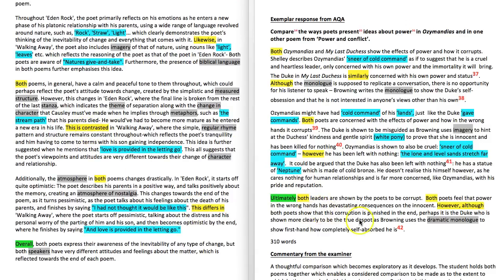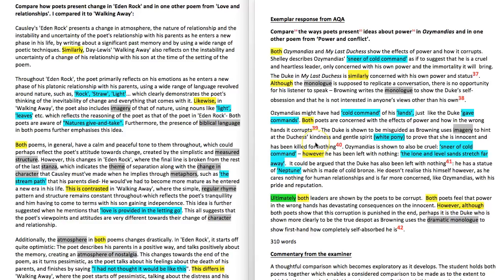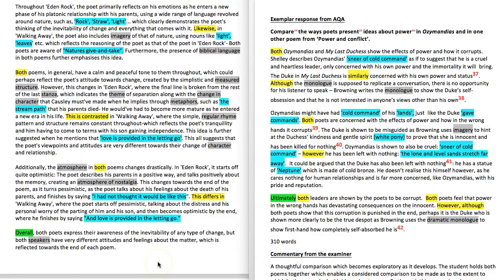So it may be that the examiners are showing us they want more differences than similarities, although whether things are different or similar is not in the mark scheme. It doesn't matter whether you choose difference or similar according to the mark scheme, but in the examiner's exemplar, it looks like they're more impressed with differences. And the reason for that is that the comparison that also leads to a difference shows the examiner that you are being evaluative. Remember that word.